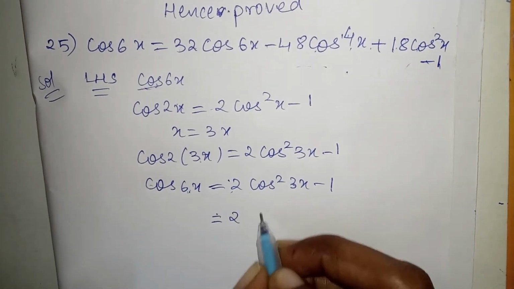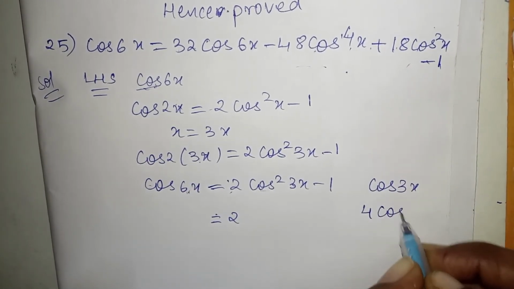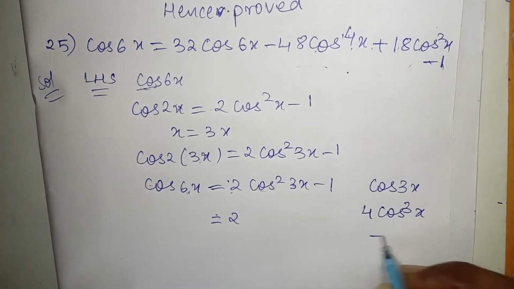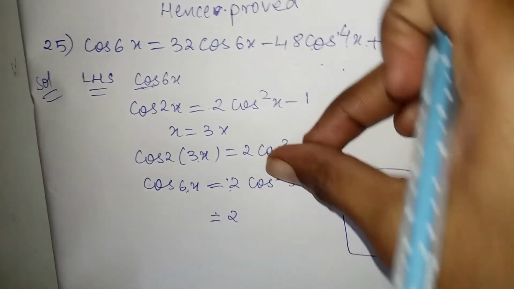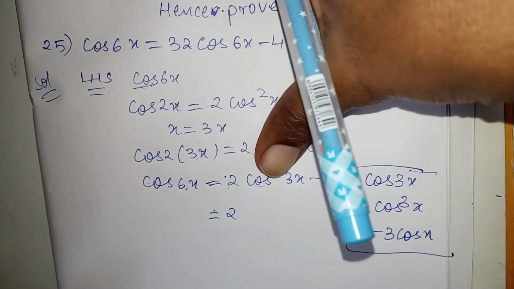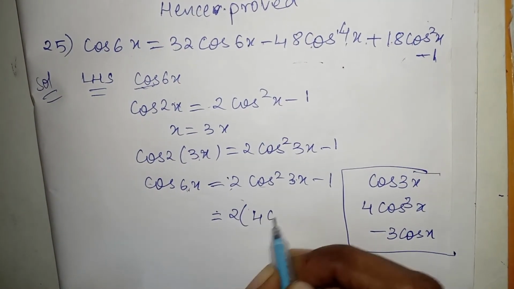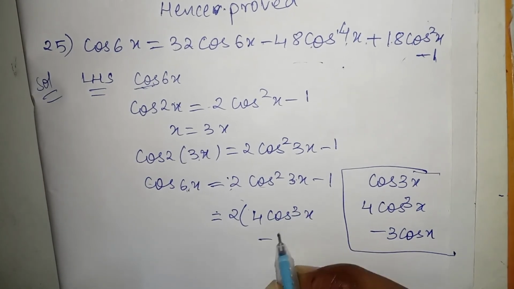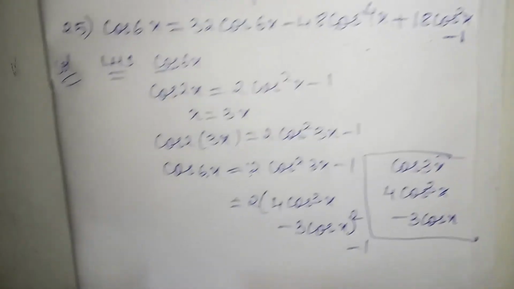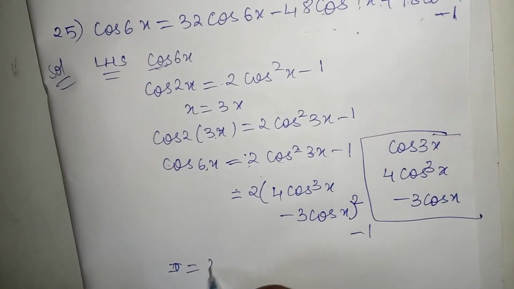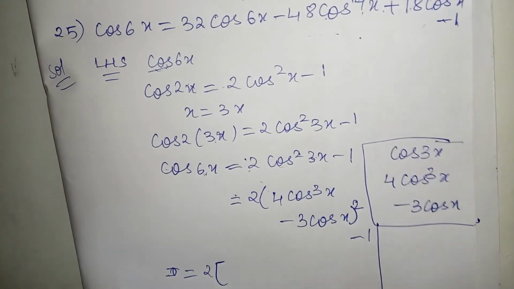So cos 3x formula is what? As I have said, 4 cos cube x minus 3 cos x. Don't think square is there, just remember the cos 3x formula is this. So in place of cos 3x, keep this formula. The square is there, keep it as square, minus 1. So what will happen? I'll explain over here.